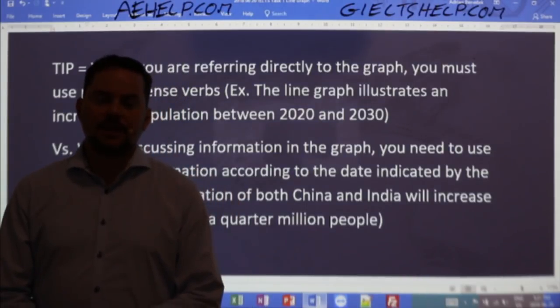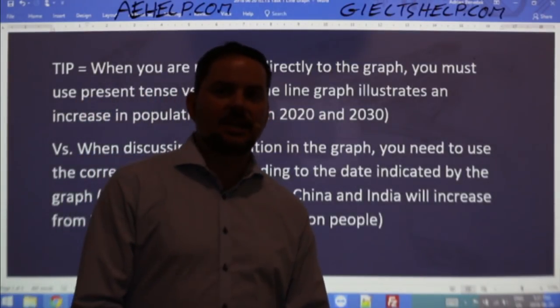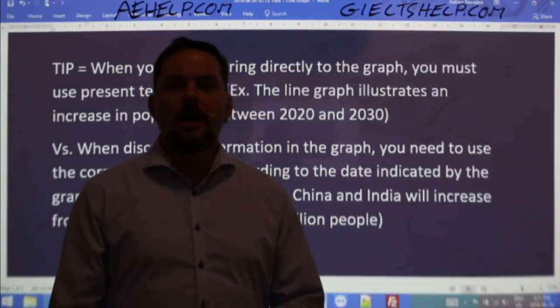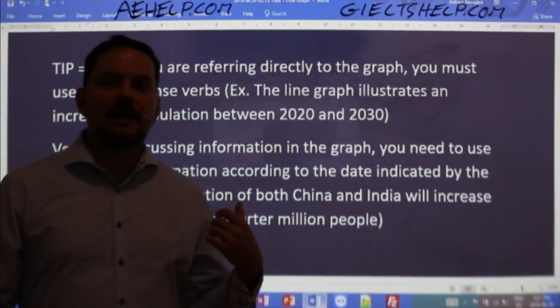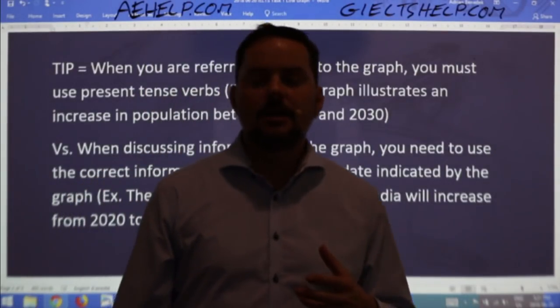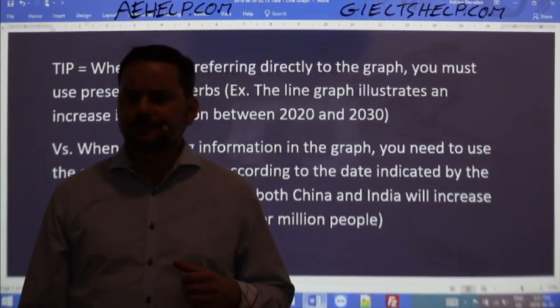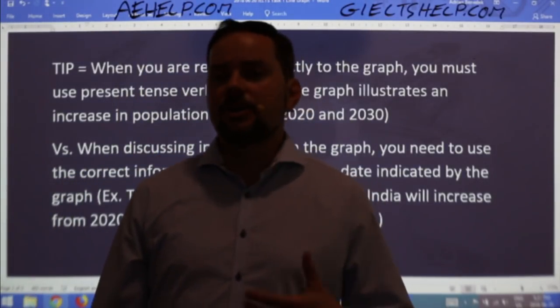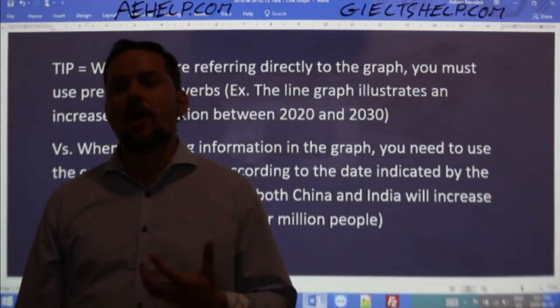No, Malik. That's a very good question too. So Malik is asking, should we write about all the information in the graph? Absolutely not. This was a very simple line graph. On IELTS, you will probably get something a little bit more complicated. You cannot write about all of the information because you will run out of time and it will be a very awkward essay.